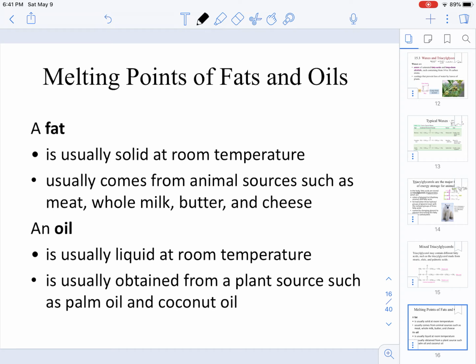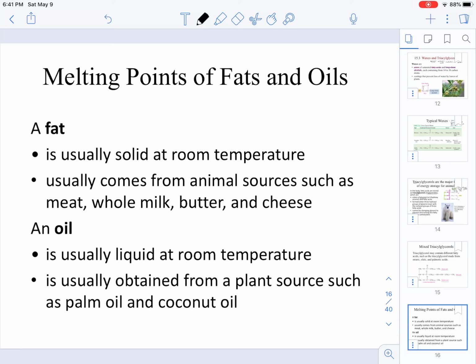The next thing that we're going to mention is the melting points of fats and oils, okay? So let's define what makes something a fat versus what makes something an oil. The reason why we talk fats and oils is because they are examples of triglycerides, molecules that come from the reaction of a glycerol molecule with three different fatty acids.